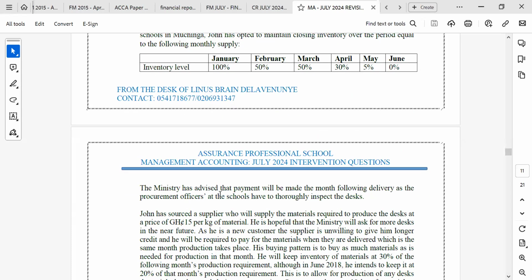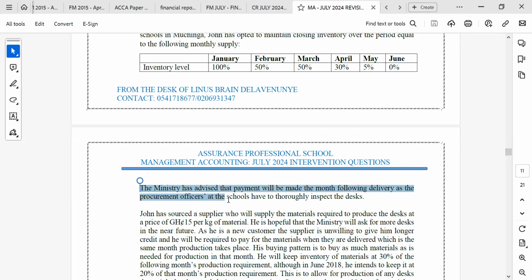The ministry has also advised that payment will be made the month following delivery, as procurement officers at the schools have to thoroughly inspect the desks. So whenever you sell, you are going to receive the money in the next month. Are you okay? Okay, so that is the information over here.